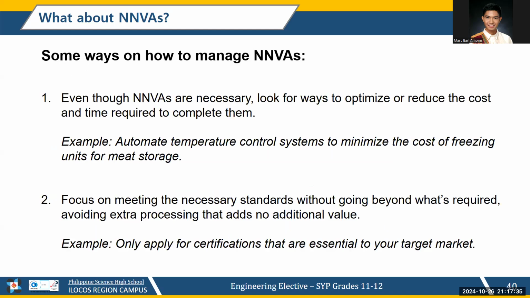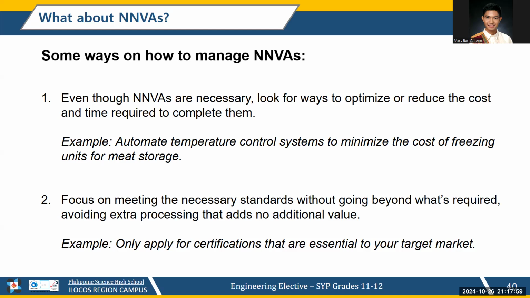So here are some ways on how to manage the NNVAs. So since these are necessary, we cannot really eliminate them, although they do not add value. So what we can do is, number one, look for ways to optimize or reduce the cost and time required to complete them. So for example, in our example one, the freezer, no?